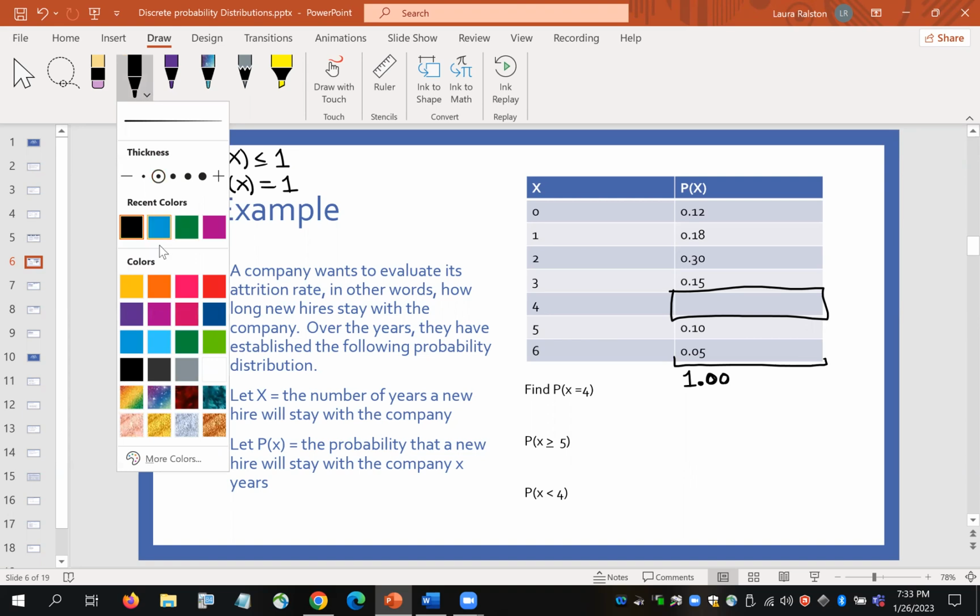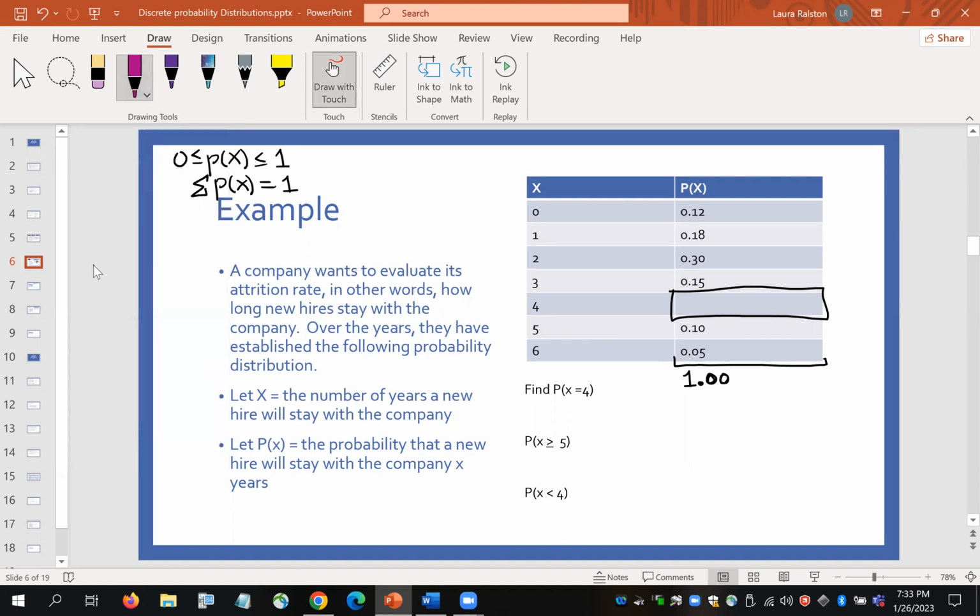I hope you realize that I can, because what I can do is, if I know that has to total to 1, and it does, if I subtract the value for 0 years, subtract the value for 1 year, subtract the value for 2 years, subtract the value for 3, subtract the value for 5, and subtract the value for 6, whatever's left has to be the value for 4, because it's got to total to 1.